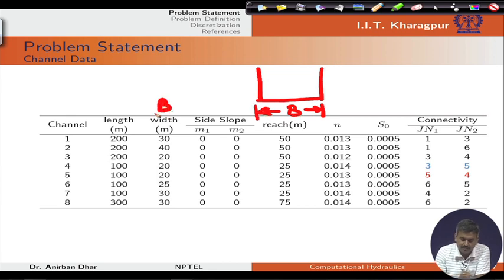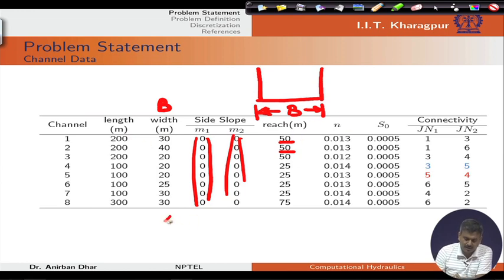So, this is B and these are M1, M2, obviously these are having 0 values because we are considering a rectangular channel. This is reach or segment length. If I consider that segment length is 50 and if I divide this 200 by 50, obviously I am getting 4 segments, 4 plus 1. So, total 5 sections.